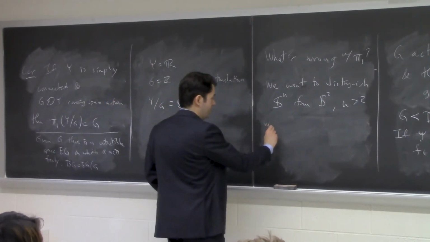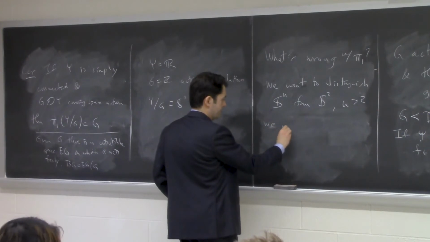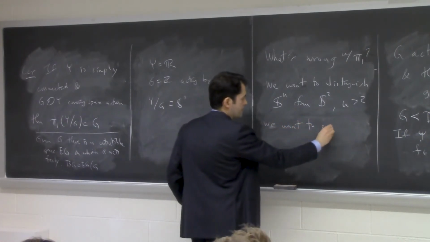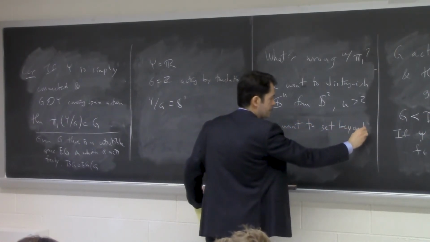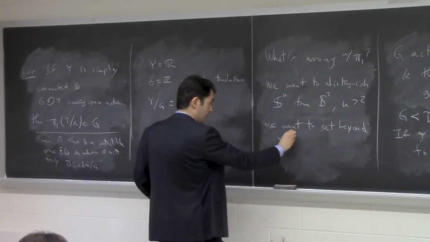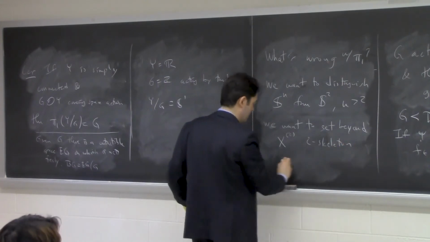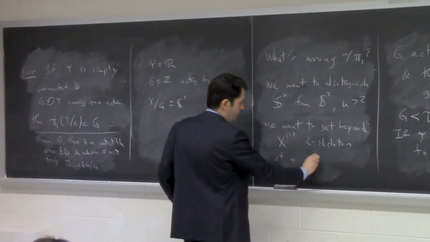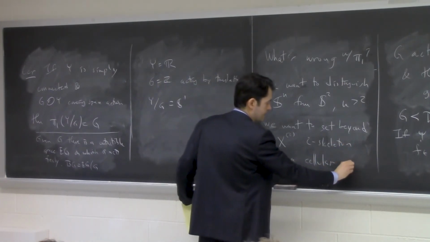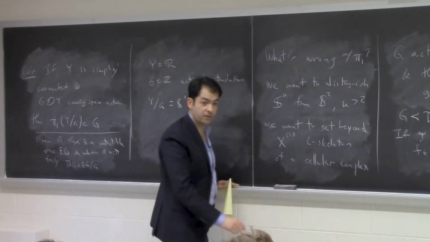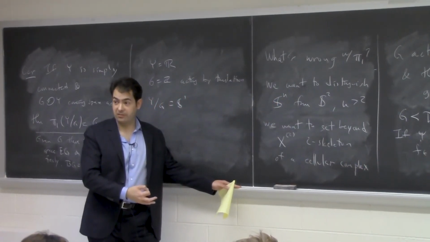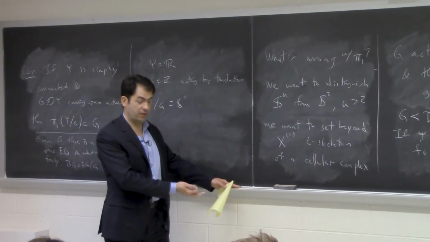We want to get beyond the 2 skeleton of a cellular complex. Right? So we saw that the fundamental group of a cellular complex is the same as the fundamental group of its 2 skeleton.